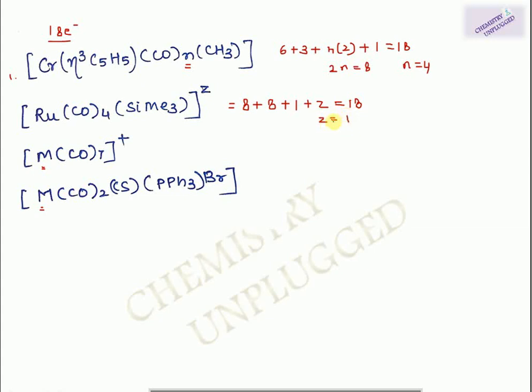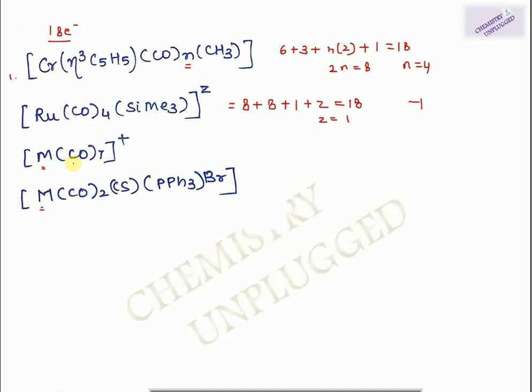Then Z is equal to 1. So if you add this 1 to all the electrons, then you will get 18. This means the charge should be -1, only in that case this electron will be added to the total electron count. So it should be -1.